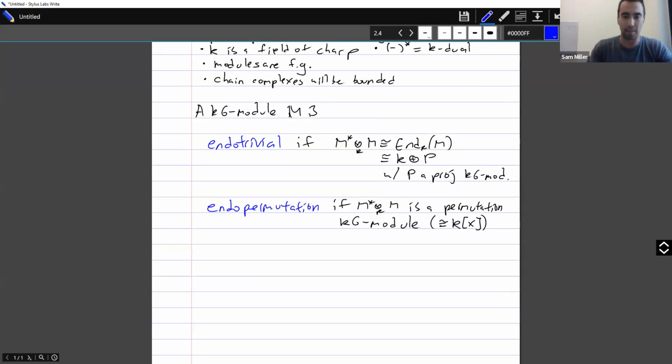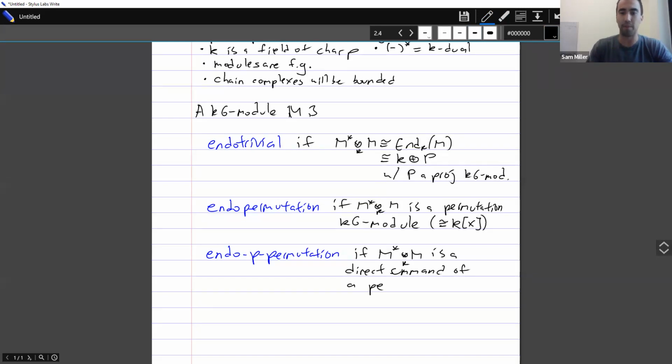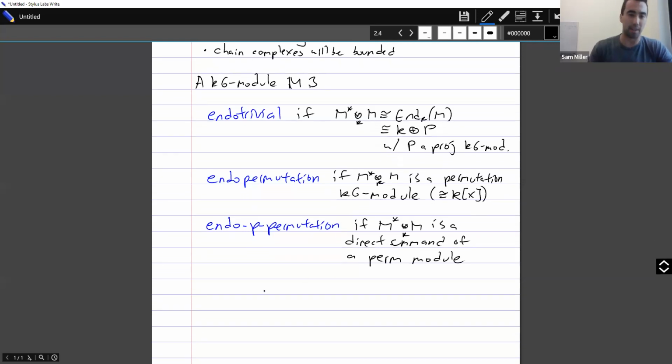And finally, we have a slightly wider notion that's a little less common, endo-P-permutation, if M dual tensor M is a direct summand of a permutation module. And we have these three classes of modules. I'll focus on endotrivial since, well, it's in the title.